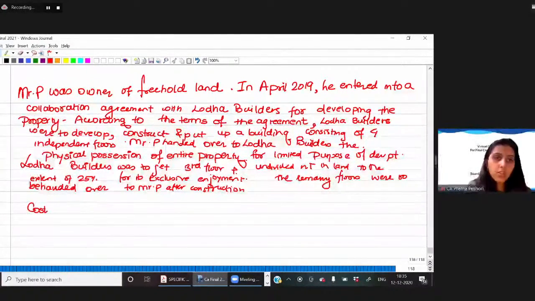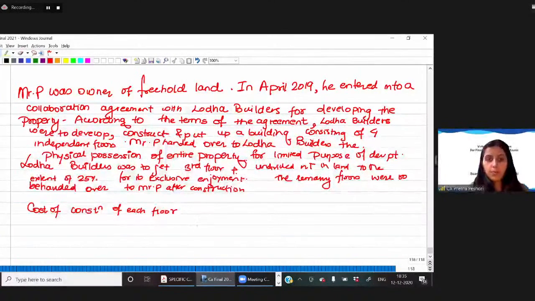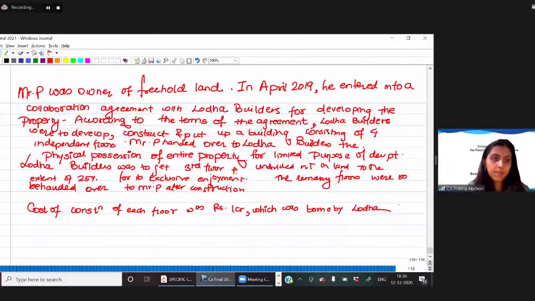Cost of construction of each floor was rupees 1 crore, which was borne by Lodha.